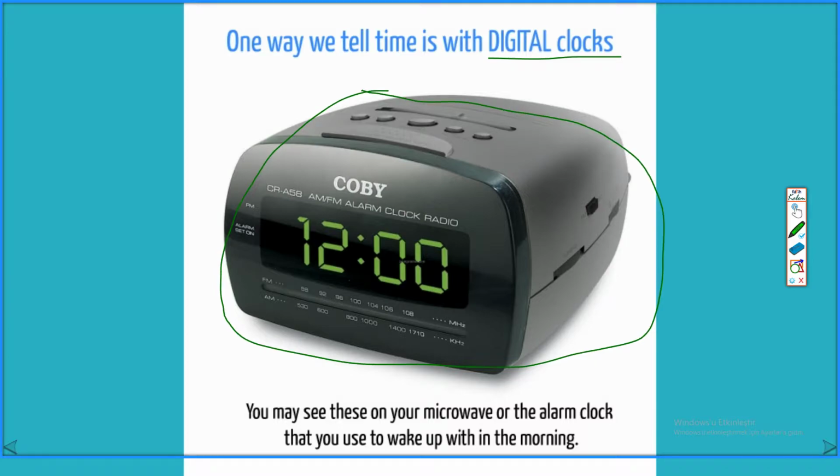We have that type of clock in our homes, and as you see, we have the numbers. It is 12 o'clock. You may see this on your microwave or the alarm clock that you use to wake up with in the morning.